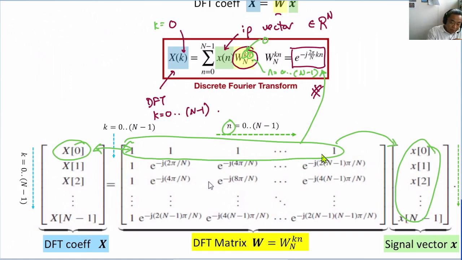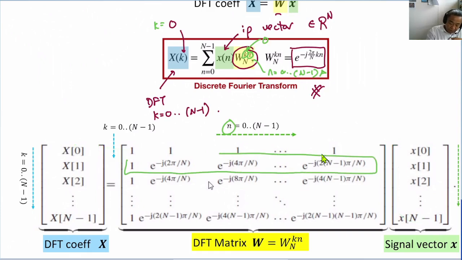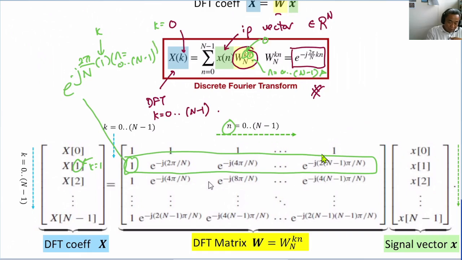Again, the more insightful visualization is to visualize this. The first element is e to the minus j 2 pi over capital N. Now this is k. K equals 1. So this is 1, this is k, and we are moving along n. So the first element is n equals 0.